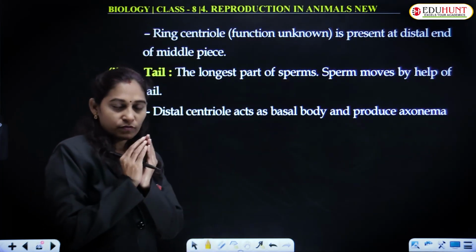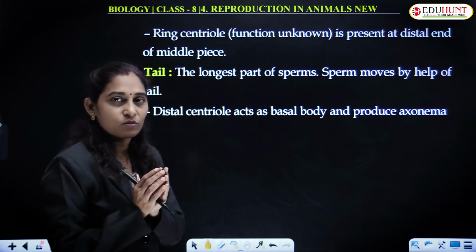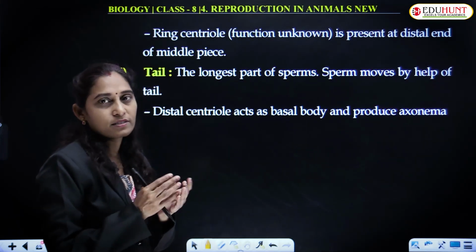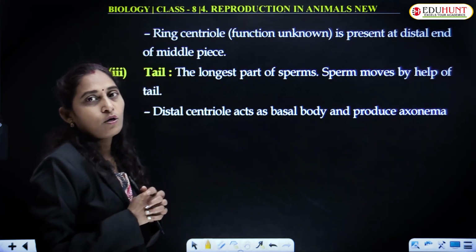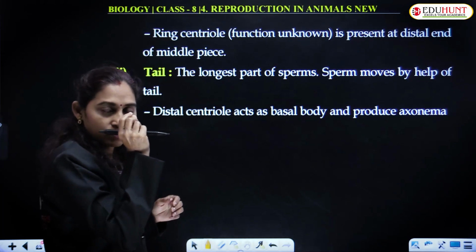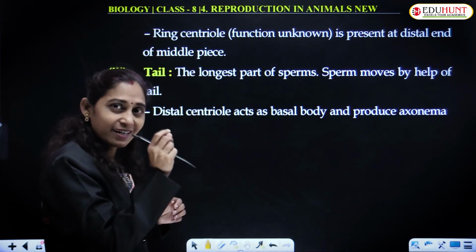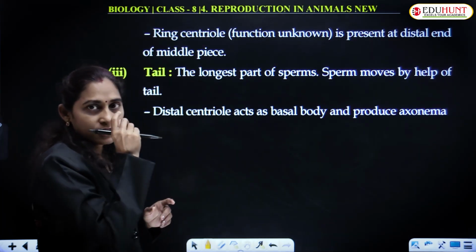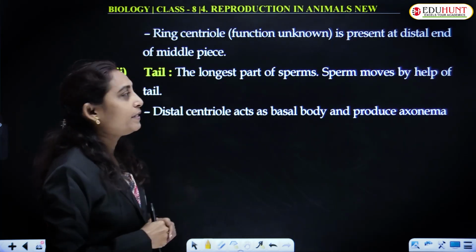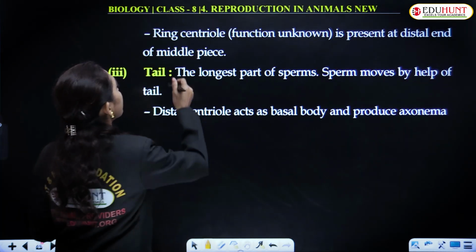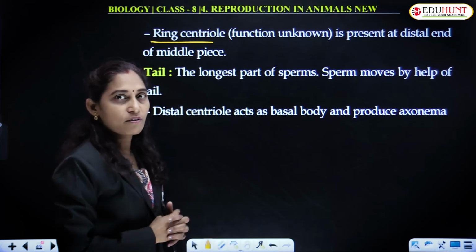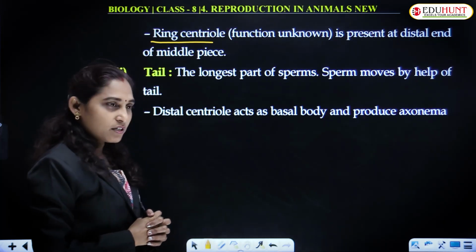Some amount of cytoplasm is there, that is why it is a cell. If it had only a nucleus, then we would call it a nucleus. The head holds the nucleus. The cytoplasm is present in the middle part. There is a ring centriole whose function is not known.